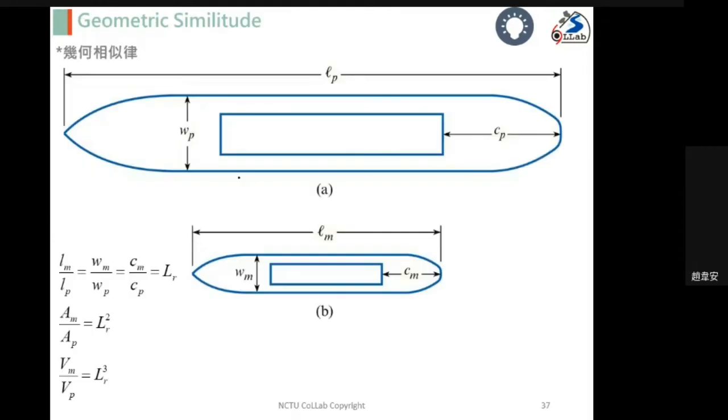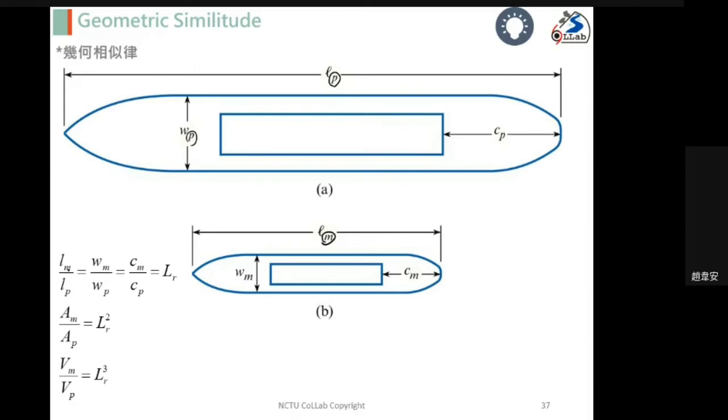Okay, this slide shows what the geometrical similitude is. The upper one is your prototype, and the bottom one is the model. We use the subscript P to mean the prototype, and we use M to indicate the model. How do we satisfy the geometric similitude?